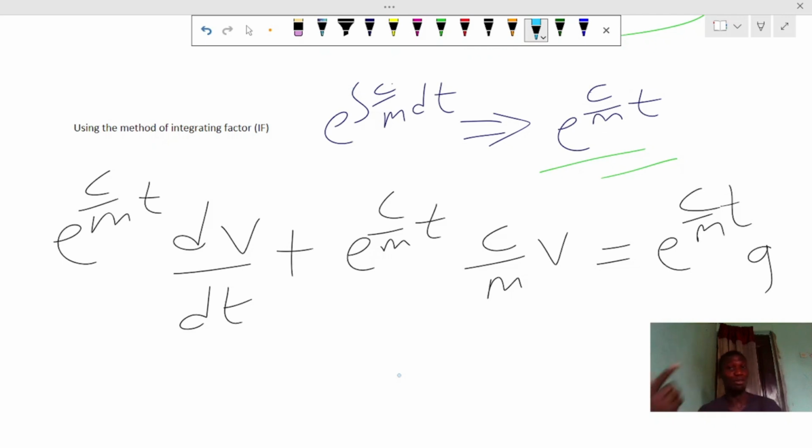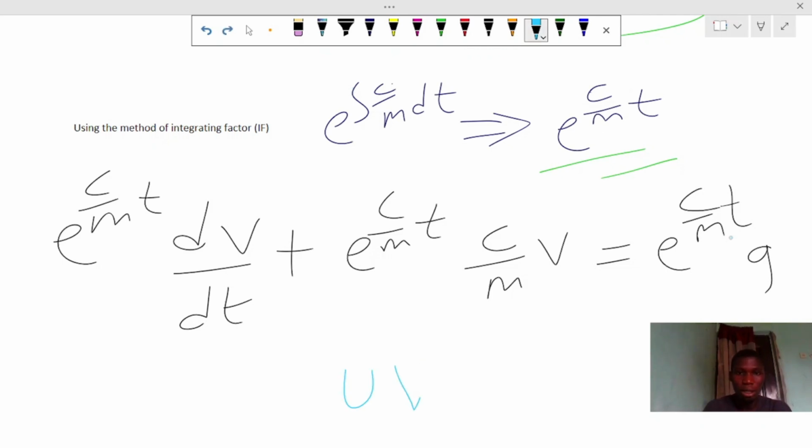Using the product rule, v du and u dv. Let me not spend time to explain that, but just use the idea of the product rule, when we have something like this, u and v.